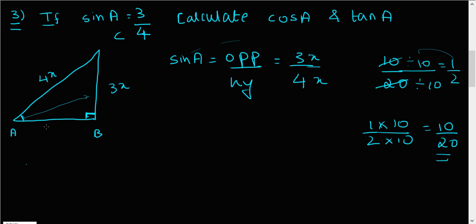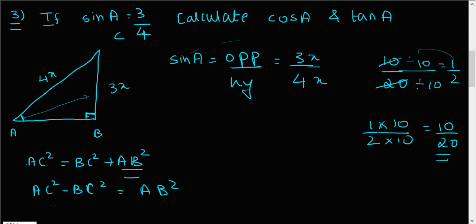So according to our Pythagoras theorem, AC square is equal to BC square plus AB square. I don't know AB, I'll shift BC to the other side. So AC square minus BC square equal to AB square.